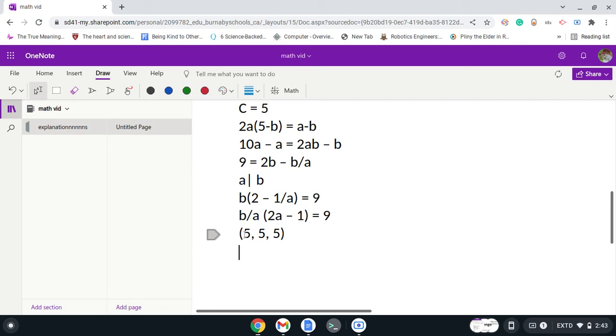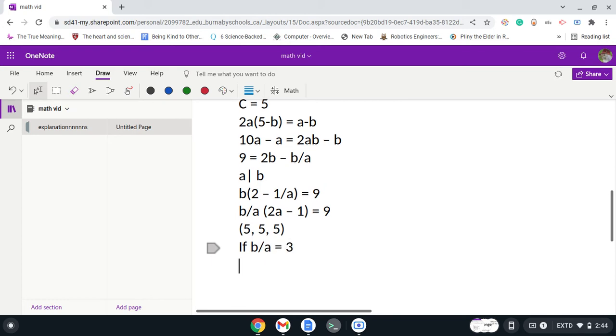And if b over a would be equal to 3, then 2a minus 1 would be 3, which means a would be 2. And b would be 2 times 3, which is 6. So 2, 6, and 5.